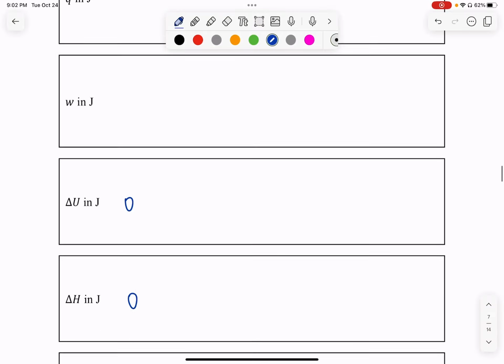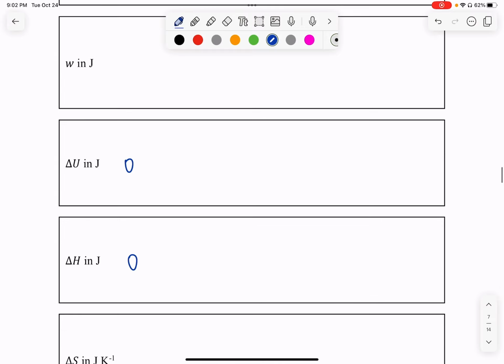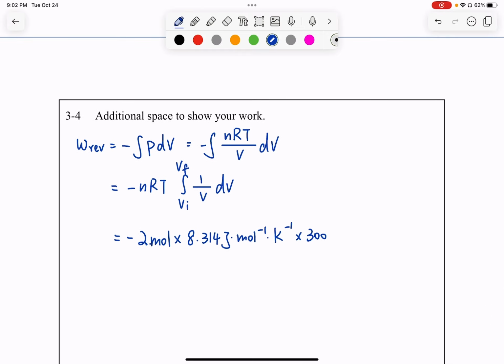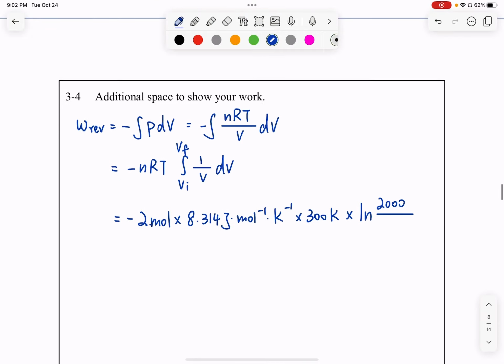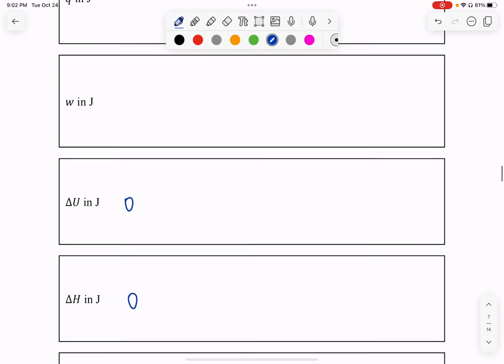We want our final answer in joule, so let's pick the correct gas constant, 8.314 joule per mole per Kelvin, times the temperature, which is 300 Kelvin, and you take the integral from initial volume, which is 1000, to final volume, which is 2000. So doing this calculation, we have our work to be negative 3458 joule.